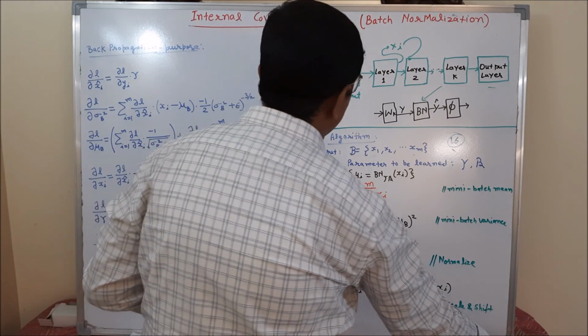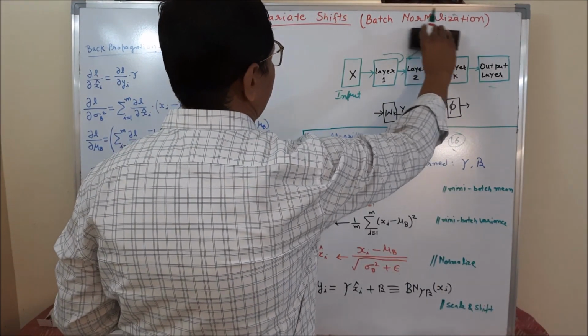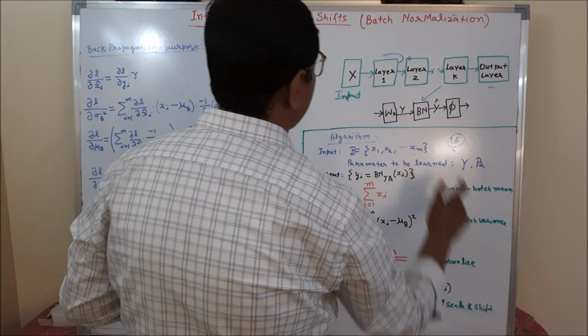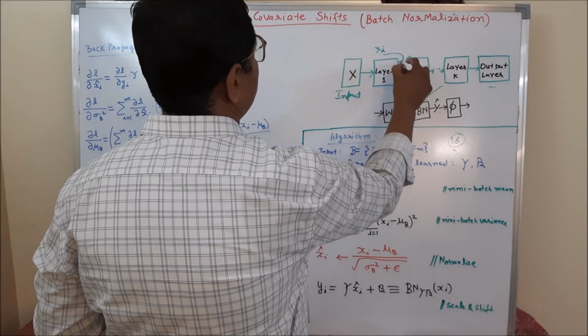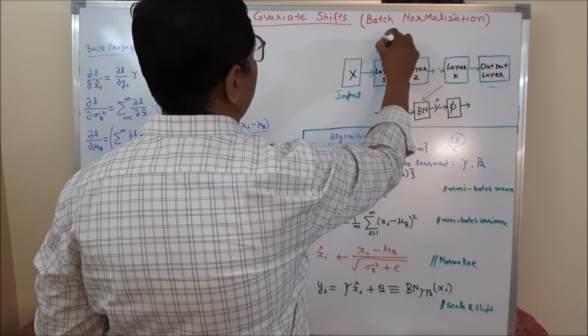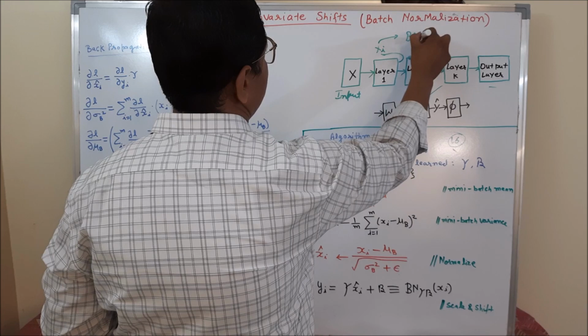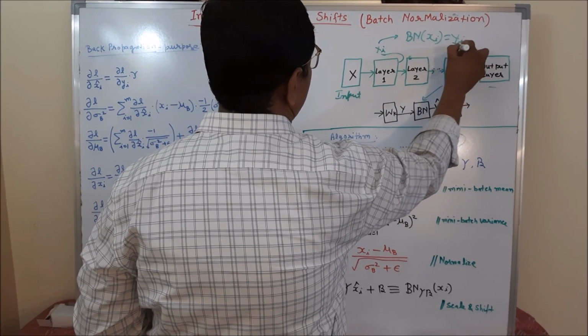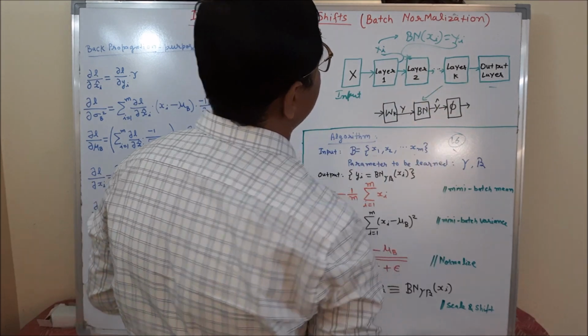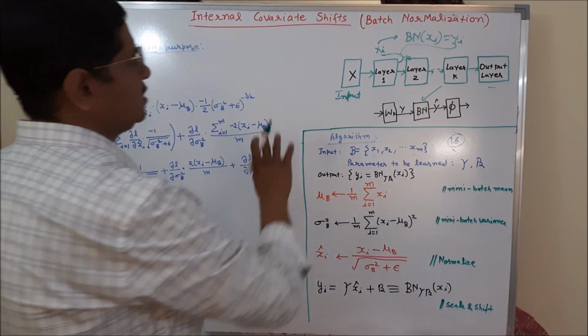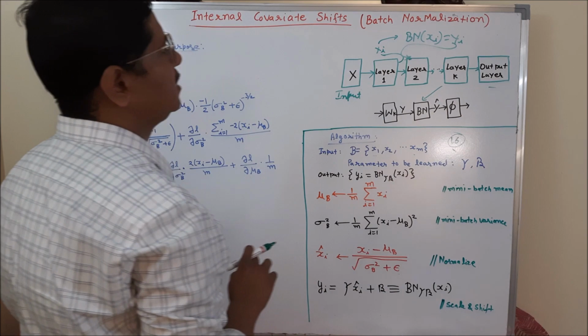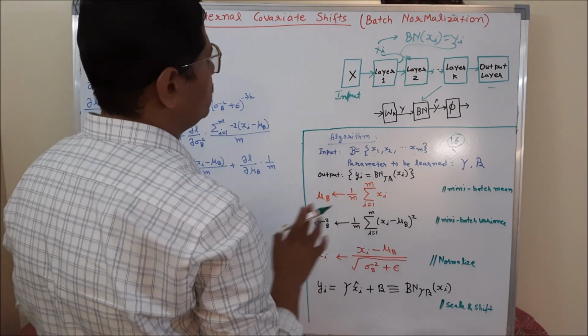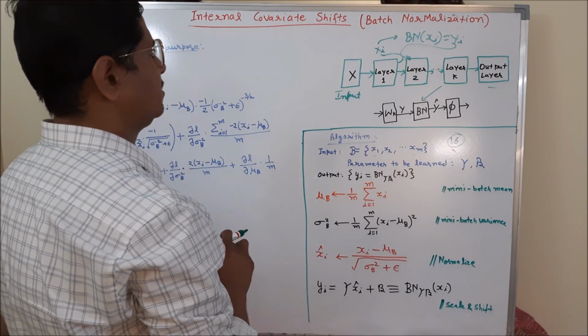But in the case of batch normalization, we are not doing that. We take the output of this layer and pass it through a batch normalization function, and it generates some value, and we pass this value to this layer. So this is the difference in the forward pass that we observe when we use the batch normalization technique.